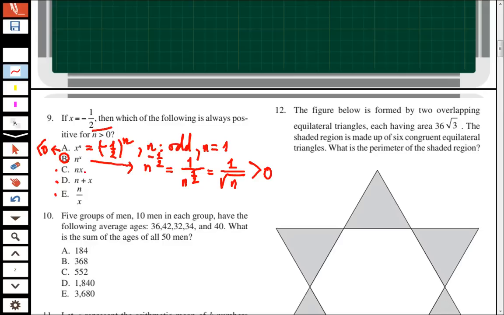For example, if we take n equals 1 and subtract 1 over 2, we choose n equals 1/3, subtract 1 over 2, negative. Here we choose n equals 1 minus 2, negative.